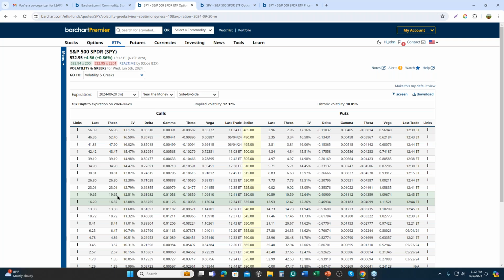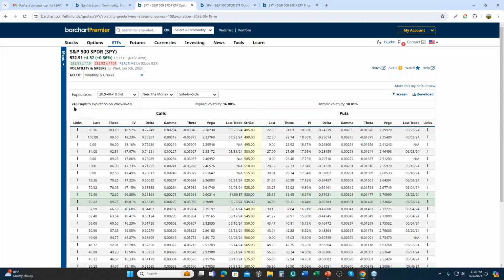Well, let's go out 2 years into the future in terms of our options. So now we're looking at the June 2026 option, which is about 2 years in the future, and we're looking at the same at-the-money call strike price. Here you can see that the cost is about $72.60. So you might think that you're getting a discount here, right? Because how many 3-month periods are there in the next 2 years?